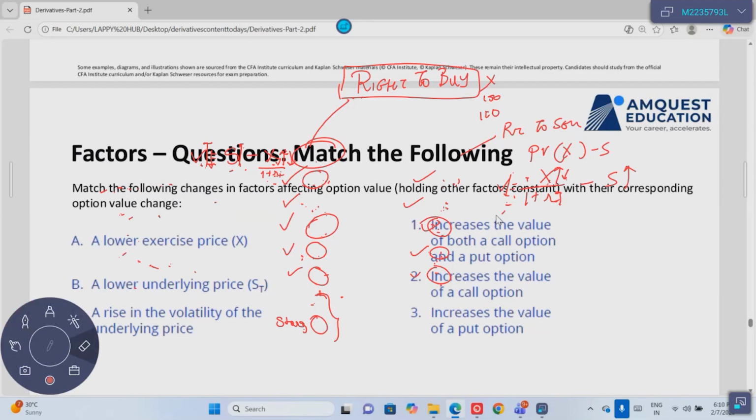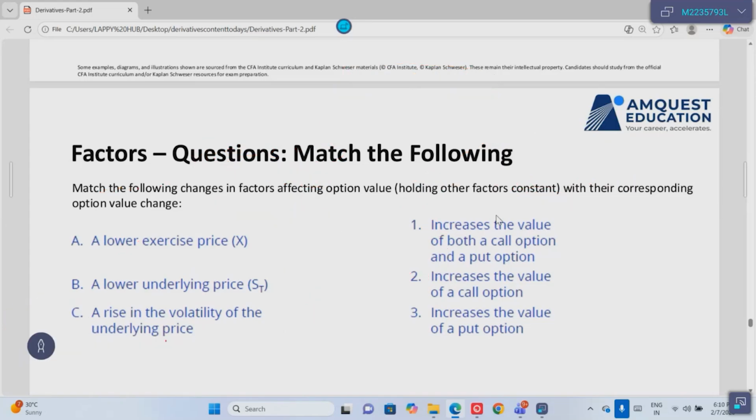If the exercise price is low, that would increase the value of a call option. I would prefer buying an option with a low price because call option value is S minus X, correct?